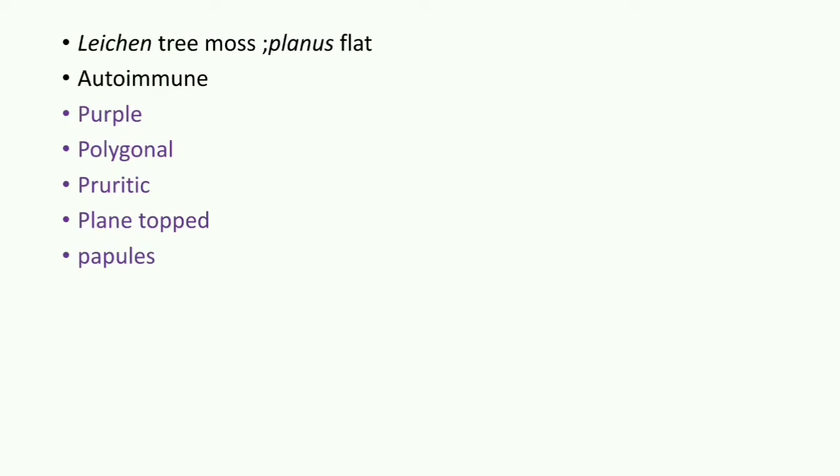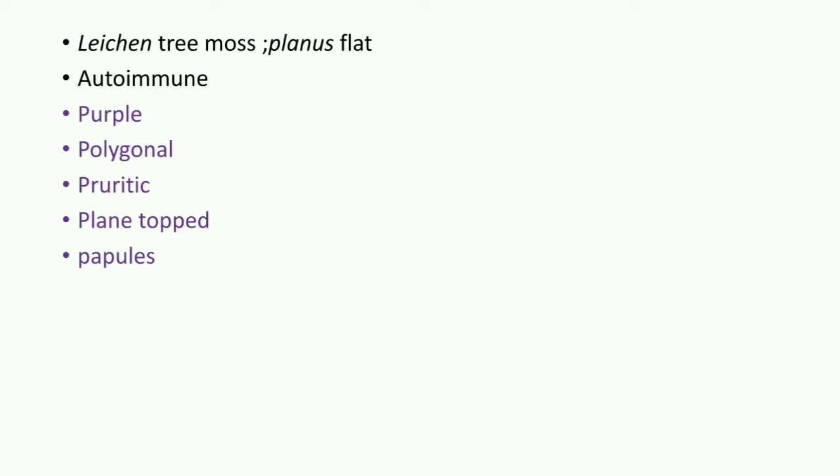Now, when you look at these lesions in lichen planus, they are usually remembered as 5 P's. The first one is purple or violaceous, and polygonal, then pruritic, plain, that means flat lesions, and papules.